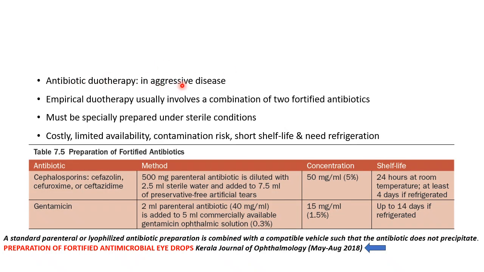Now, duotherapy is usually given in aggressive disease. It involves a combination of two or more fortified antibiotics. Now, fortification. Remember, what is fortification? Fortification means that a standard parenteral or lyophilized antibiotic preparation is combined with a compatible vehicle such as non-preserved artificial tears, such that the antibiotic does not precipitate.